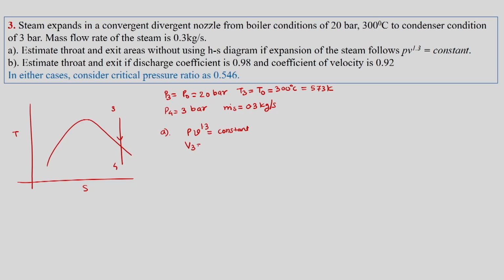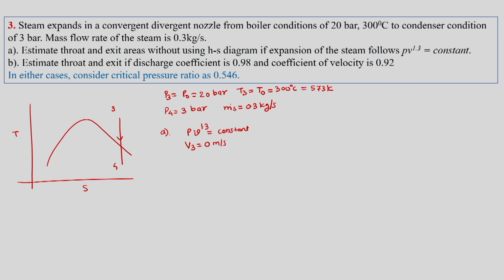We can consider here as well, though it is not told, that the velocity at 3, V3, is equal to 0 meter per second. The expansion is told to have an isentropic index of 1.3.